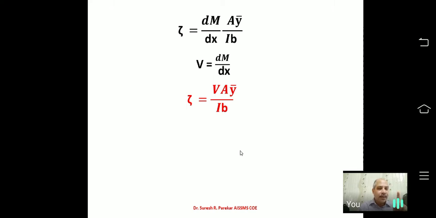That is a linear line. Now what will happen in tau? Tau is V A y bar. Now A contains a y term because A is equal to b into y. So V by Ib is constant and A is b into y. From this we have tau directly proportional to y bar, that is the vertical distance, and therefore tau is proportional to y square.